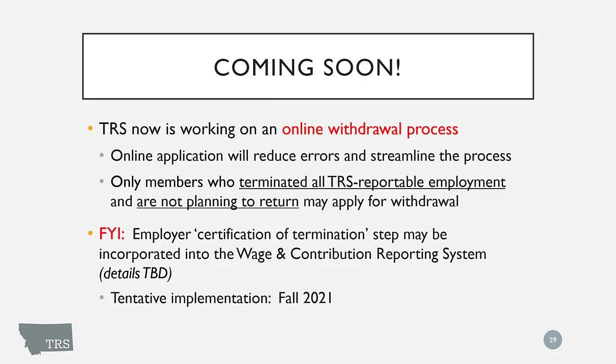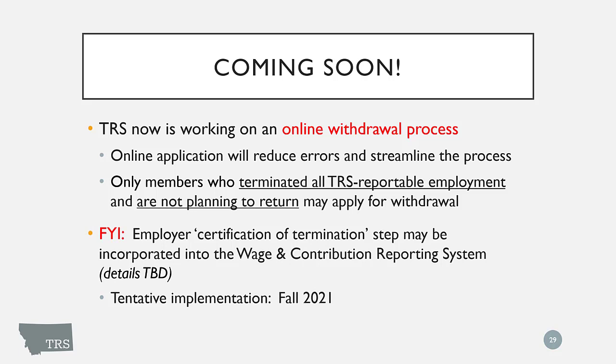It'll say so-and-so. We don't really know for sure how it's going to work, but we're hoping that it'll inform the employers that someone has turned in a withdrawal application and they need their termination certified by the school. Then it'll just ask a couple quick questions, and that will be the end of that.